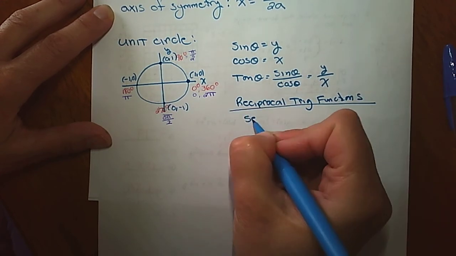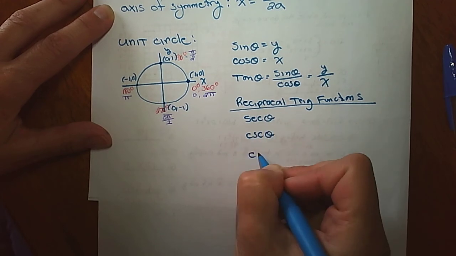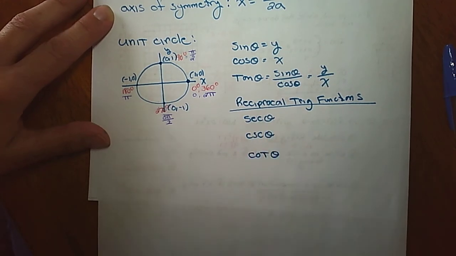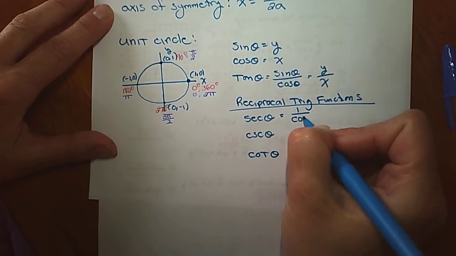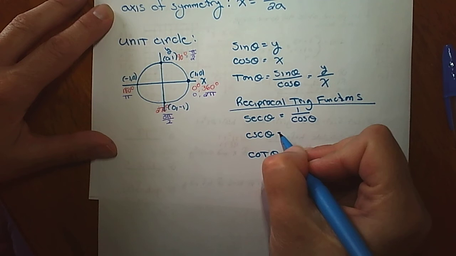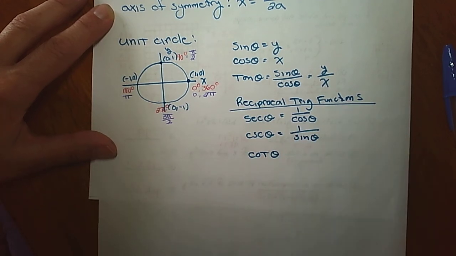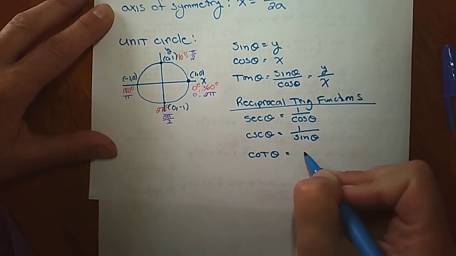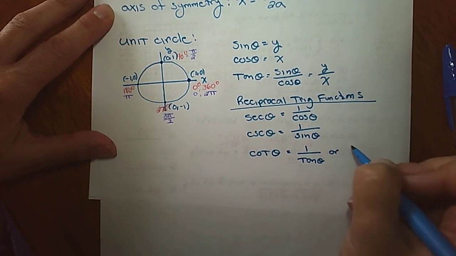There's secant, cosecant, and cotangent. Secant is 1 over cosine, and if you remember, it's always the opposite letters, which would make this one 1 over sine, and cotangent is 1 over tangent, or you could write cosine over sine.